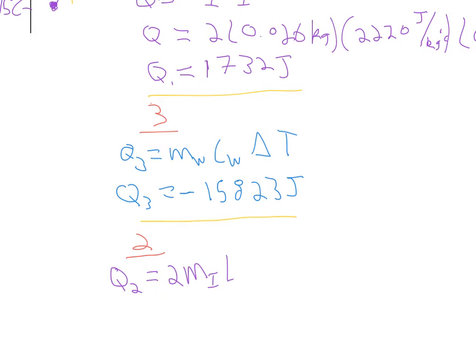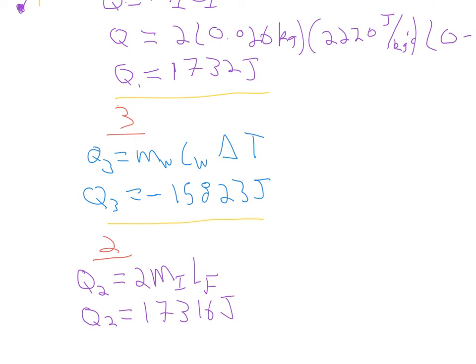That is an F that looked like something weird, so I'll go ahead and rewrite that. So once again, if I plugged in my values, what we would find is that the ice would have to absorb a total of 17,316 joules.